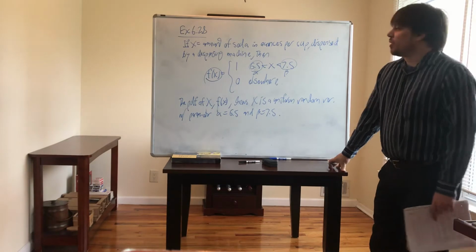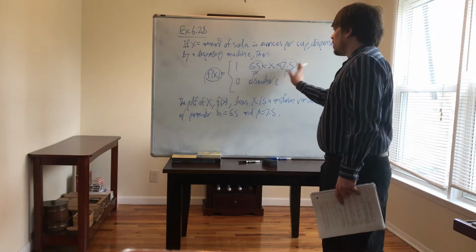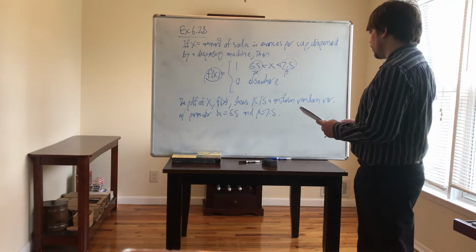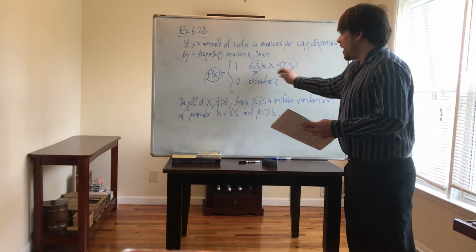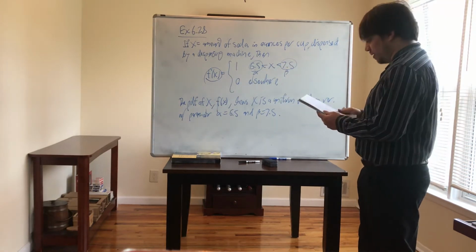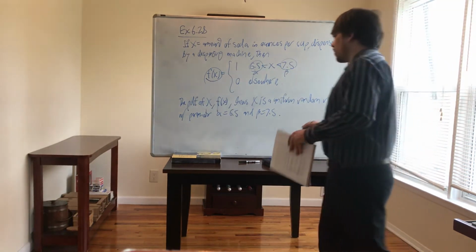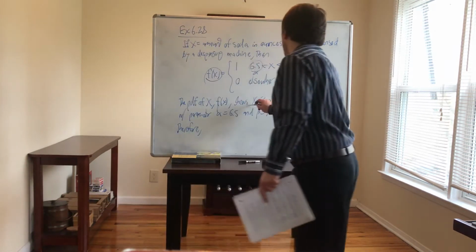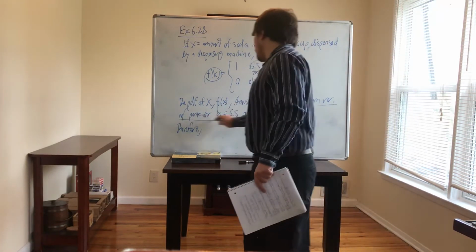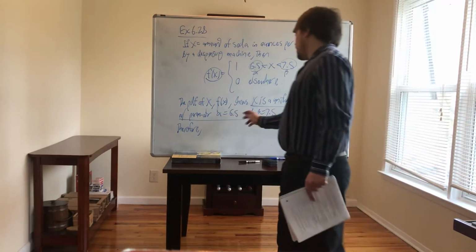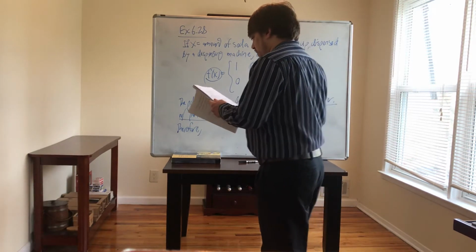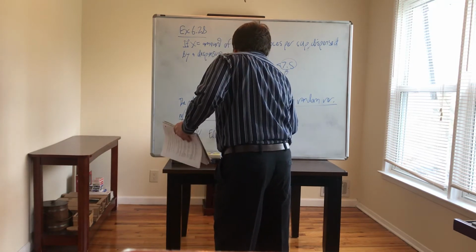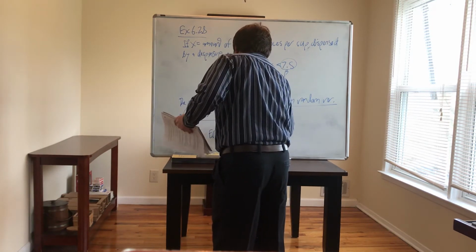It's a uniform random variable because it just has the same value 1 in that whole interval. It's a continuous uniform random variable also, obviously, because X is changing continuously, it's not discrete. Therefore, the key here is to identify that X is a uniform random variable with parameters alpha equals 6.5 and beta equals 7.5. Therefore, the expectation of X is alpha plus beta over 2.